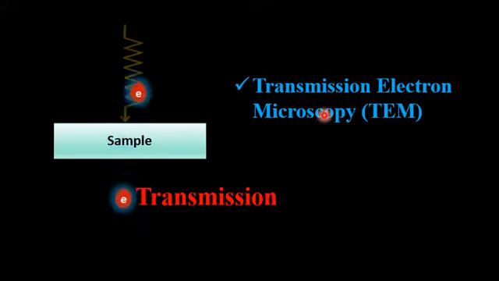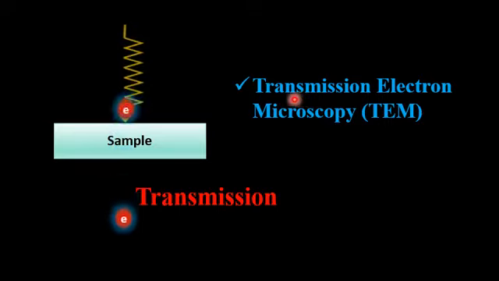It gives you information about the structure of the material, the composition of the material, and the crystallographic orientation in the material. So this technique basically uses an ultra thin material.